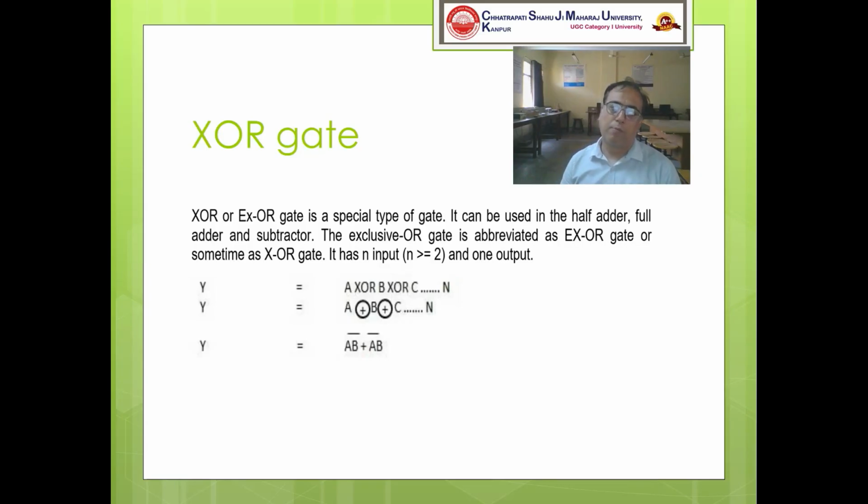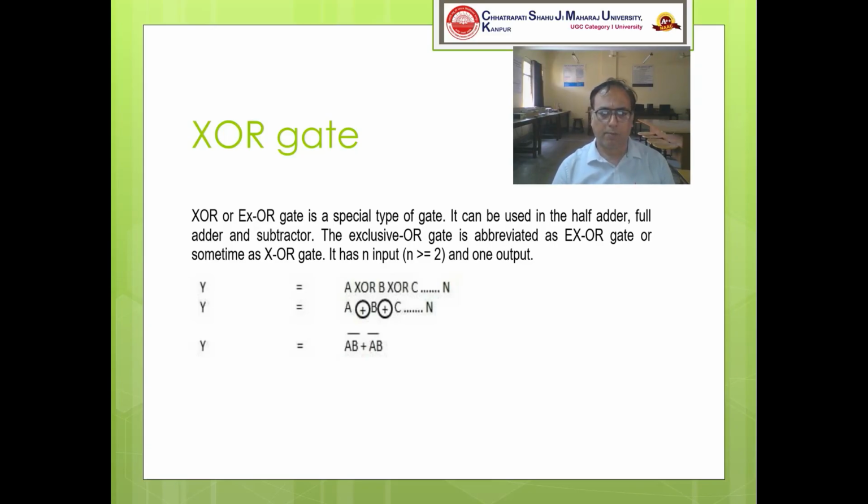One other important gate is the XOR gate. The XOR gate is a special type of gate. It can be used in the half adder, full adder, and subtractor circuits. The exclusive OR is abbreviated as XOR. It can have 2 or more inputs and 1 output.